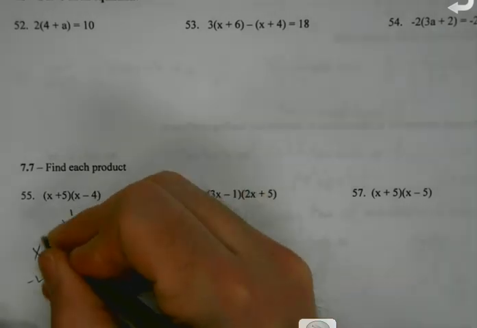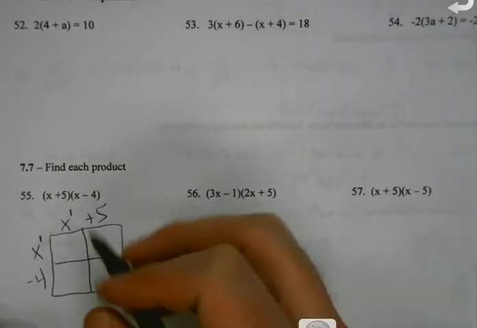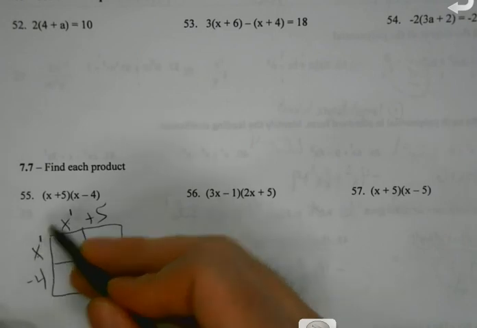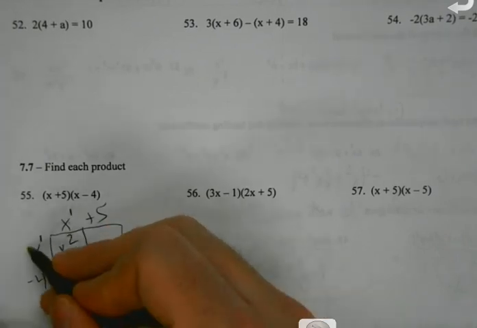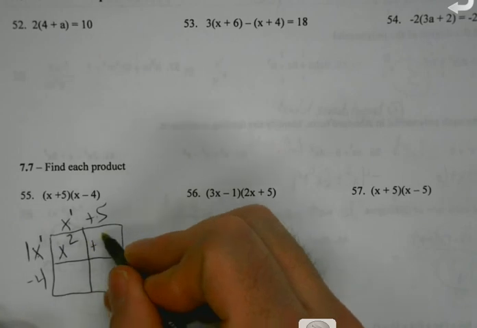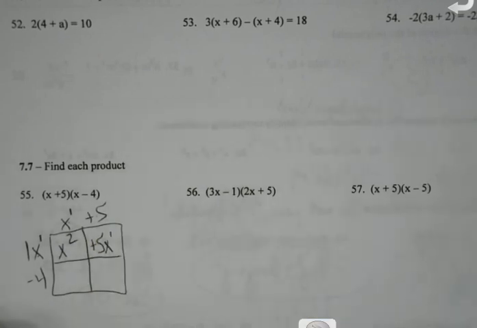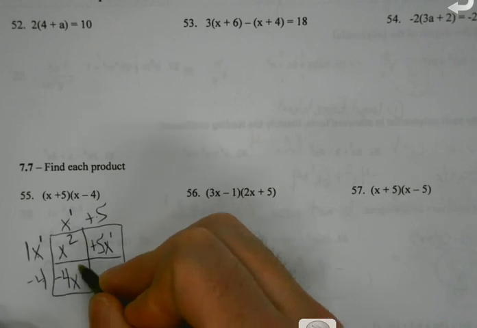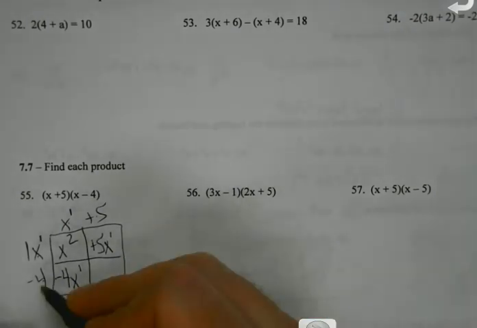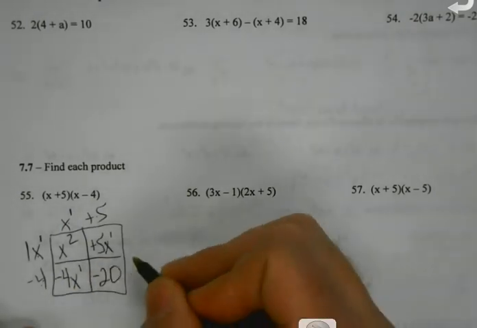So remember, my exponents are 1 if I don't see one. So x times x, add my exponents. x, or 1x, times 5 would be 5x. -4 times x is -4x. And -4 times 5 is -20.